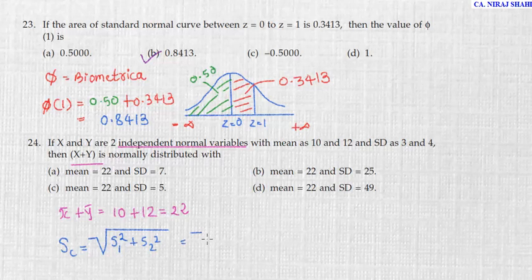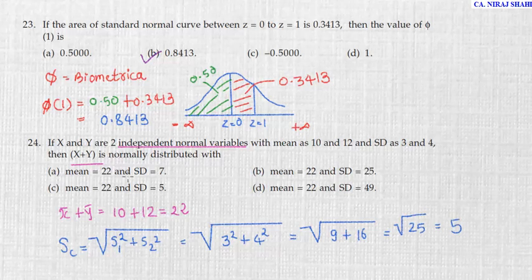So here in our case S1 and S2 are given as 3 square plus 4 square. So now we have 3 square is 9 plus 4 square is 16. So we have under root 25. So our answer here is 5. So our answer in the options is C, mean is equal to 22 and standard deviation is equal to 5.